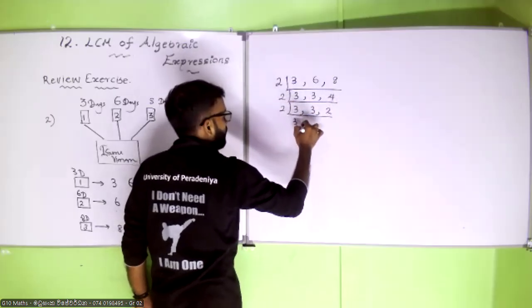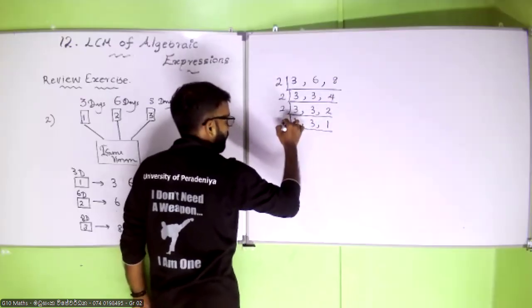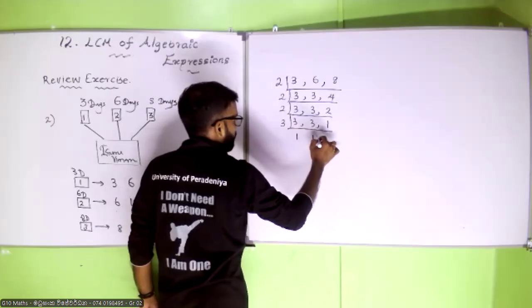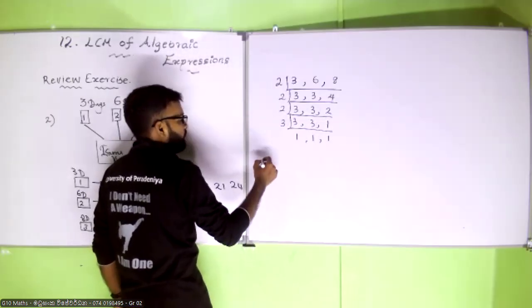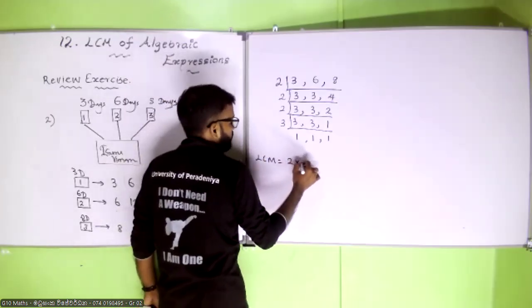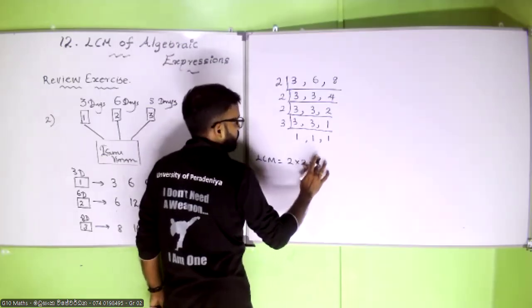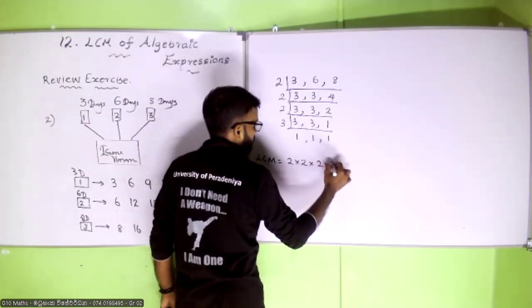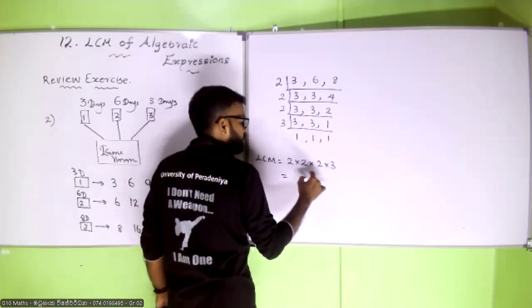Right? 3, 3, 2 times 1. 3 times 1, 3 times 1, 1. Until the quotient becomes 1, you have to do it. So the LCM can be obtained: 2 times 3, sorry, 2 times 2, 4, 4 times 2, 8, 8 times 3, 24.